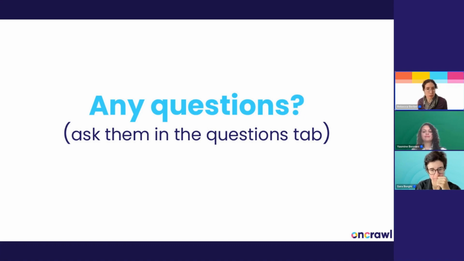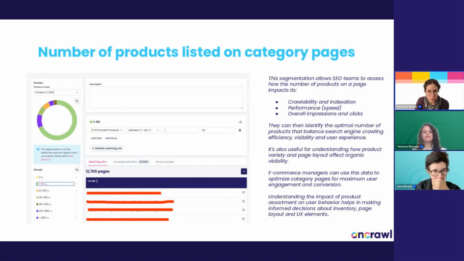So when you're creating a segmentation in Oncrawl, let me see if I can pull up an example. You can see in some of the examples that Sarah was talking about earlier, let me grab one of the slides. Up in the top left, there's a circle with different parts of it.